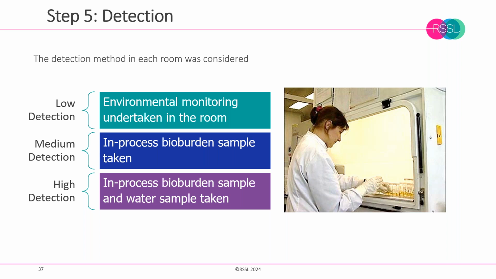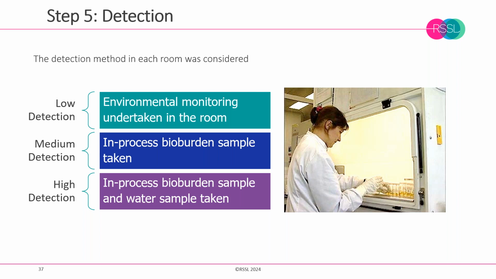If we have our environmental monitoring plus there's a manufacturing stage where we can draw an intermediate sample for bioburden or endotoxin determination, then I've classed that as medium detection.